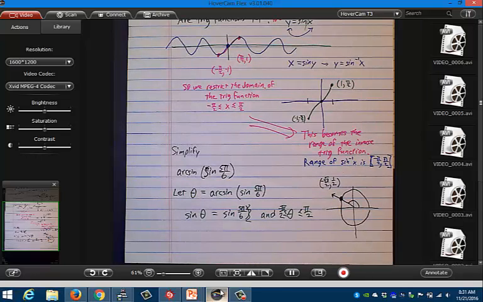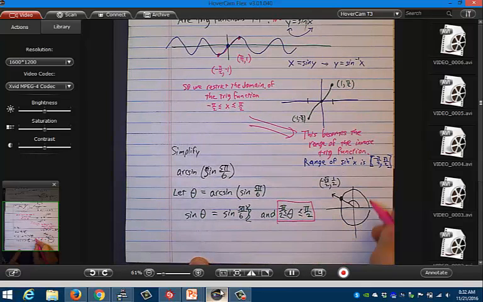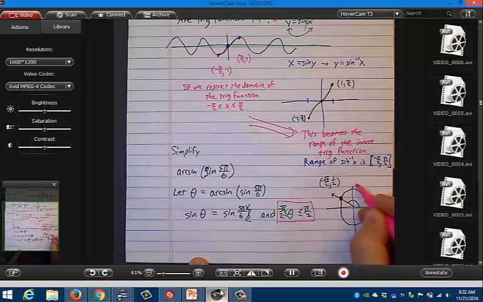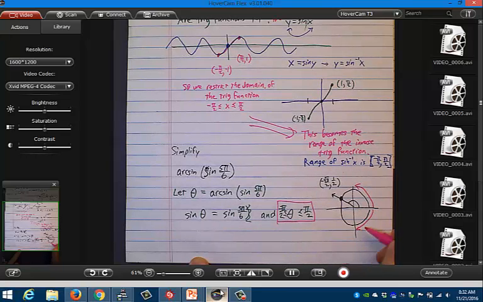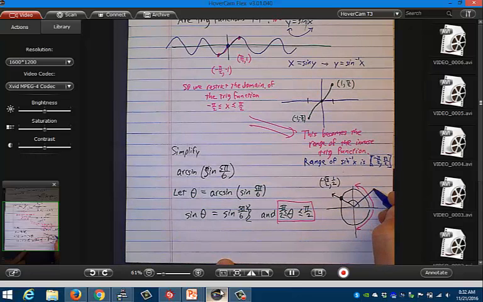Now you can see, right? Because we know the range is from negative pi over 2 to pi over 2, we're either here or we're here. And so, like Mike said, I could see right away, this corresponds to right here, pi over 6. Or maybe it should be down a little more.